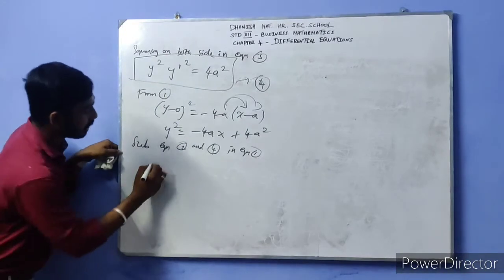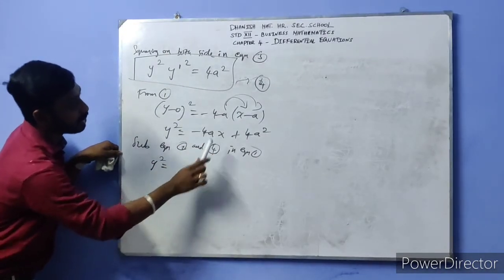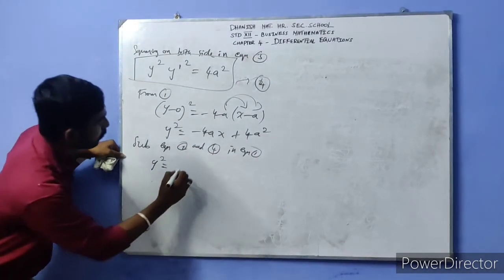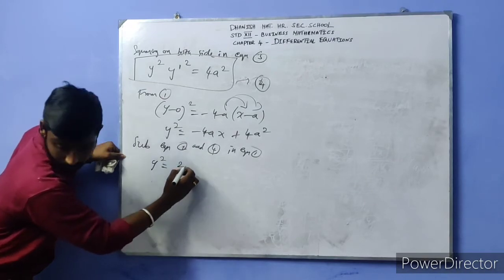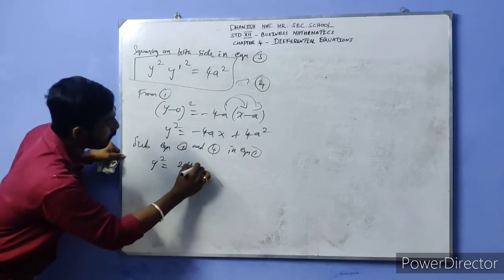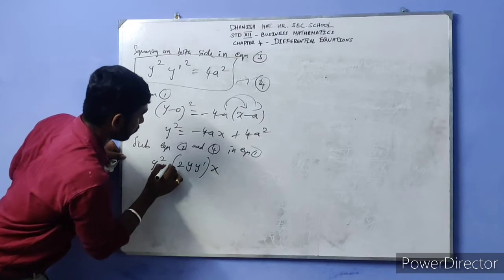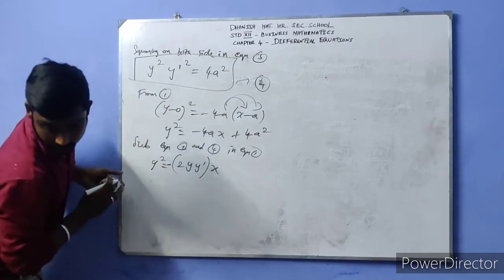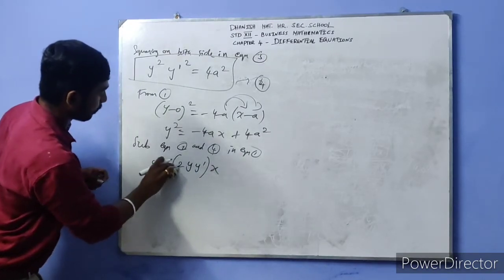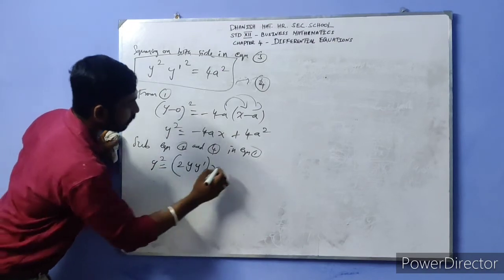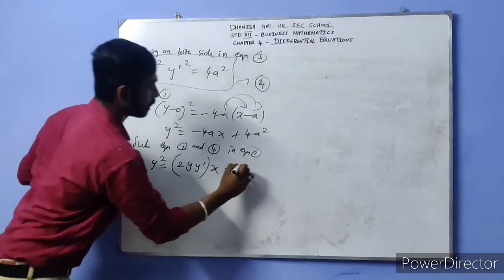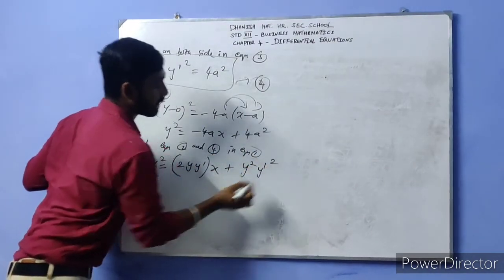So what is the first equation? y square equal to, what is the value for minus 4ax? That is 2y dash into x, so that will be plus, equal to plus, what is the value for 4a square? That is y square, y dash of square.